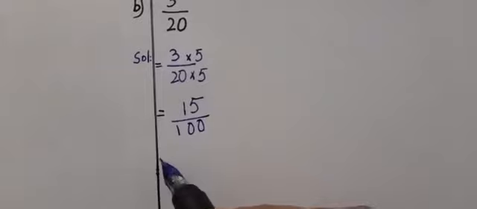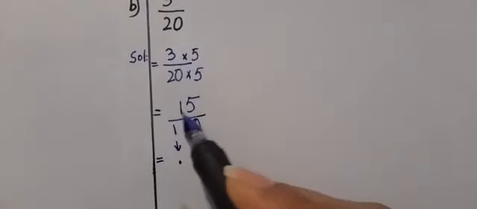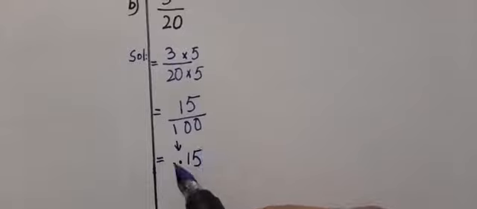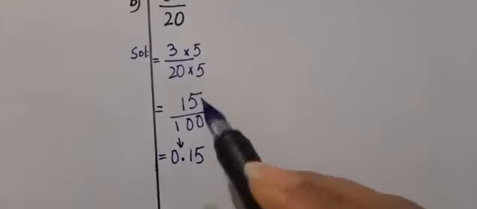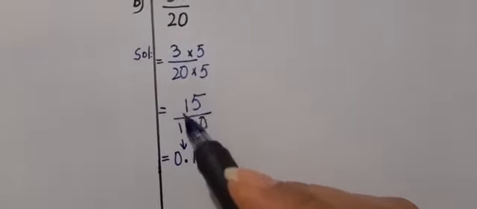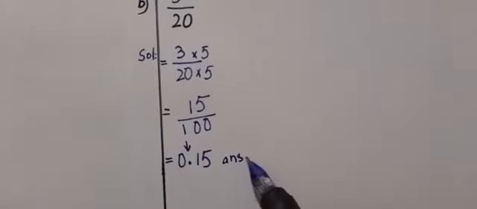And here we can also turn it. 1 will become the decimal point, and as it has 2 zeros and there are 2 digits above, I will write the numerator digits and I will write 0 over here. So if it has only one digit, I have to write 0 before it, because 05 also means 5. Okay. So this is our answer.